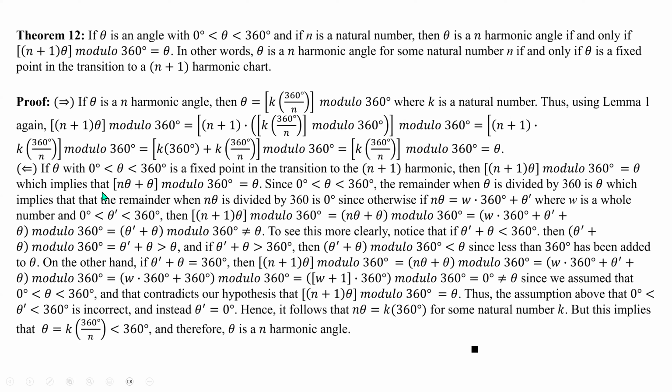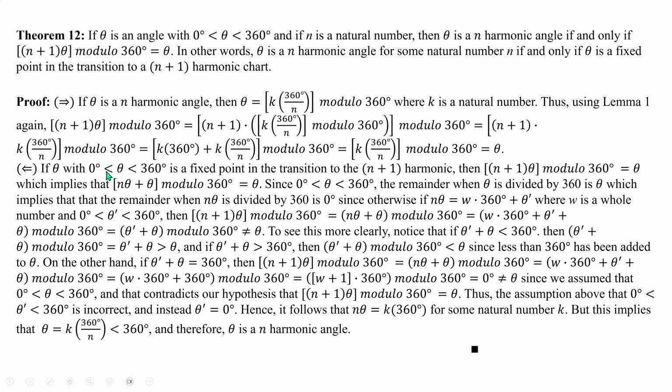Now let's go in the other direction. This is going to be a little bit longer. So if theta, with 0 degrees less than theta less than 360 degrees, is a fixed point in the transition to the n plus 1 harmonic, we want to show theta is an n-harmonic angle. We want it less than 360 degrees.